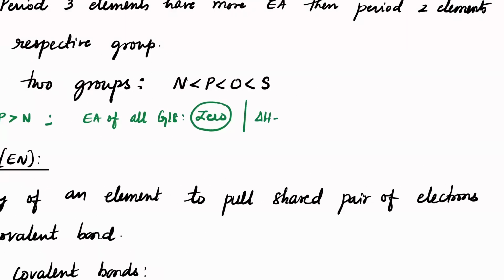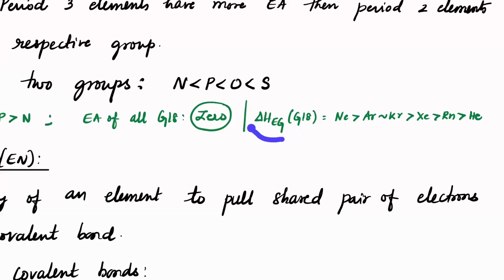That is, delta H of electron gain enthalpy of group 18. So that includes first one, neon, which has the highest value, correct? And then argon and krypton, almost the same value here, correct? And then comes xenon, and then radon, and last comes helium.